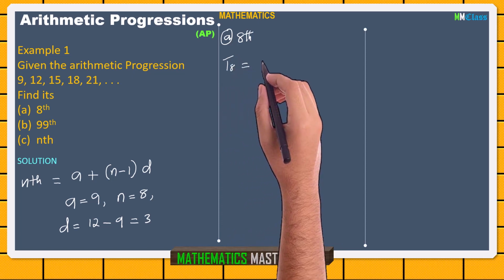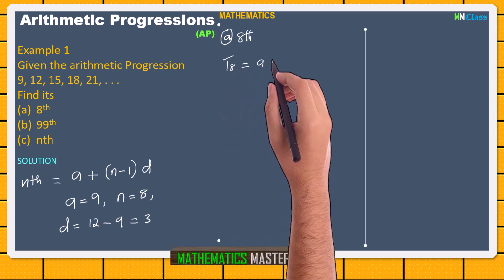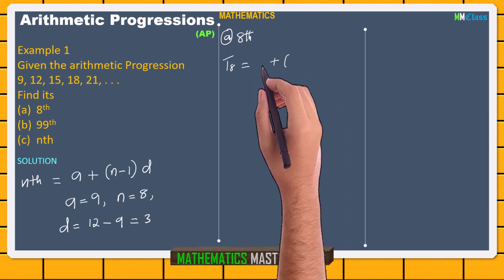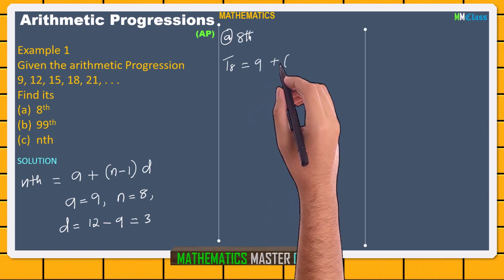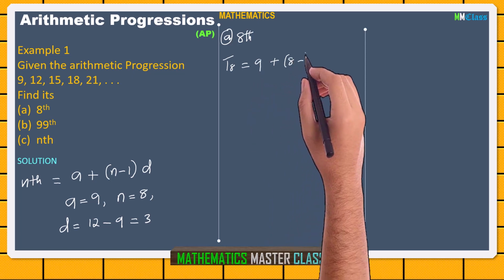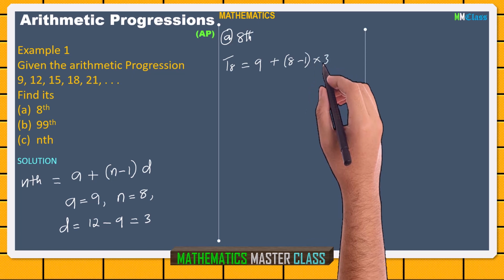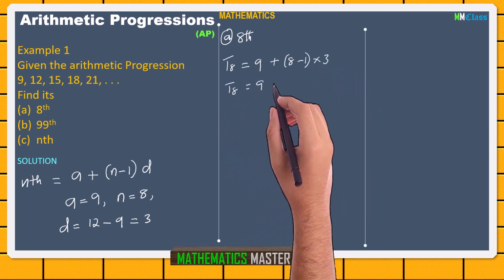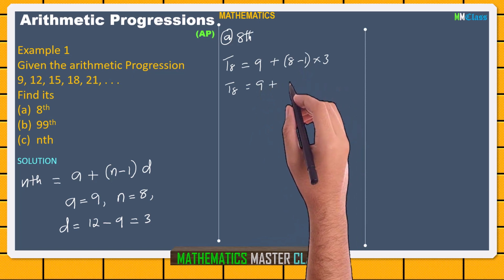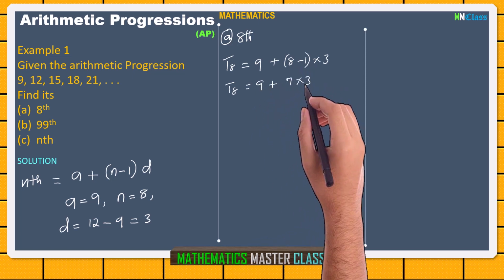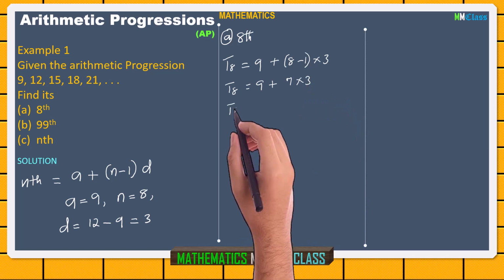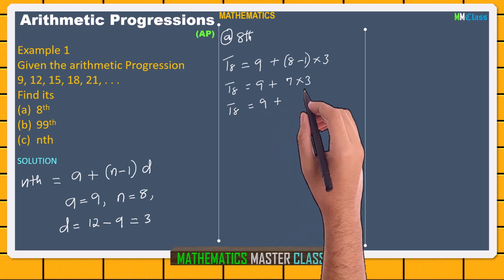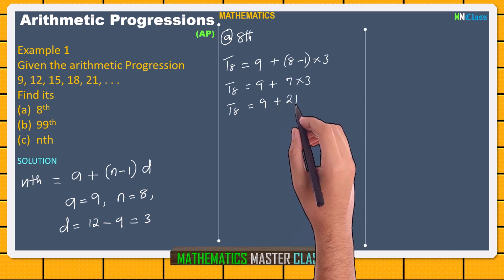T8 will be equal to A plus (n minus 1) times D, so 9 plus (8 minus 1) times 3. 8 minus 1 gives us 7, and 7 times 3 gives us 21.